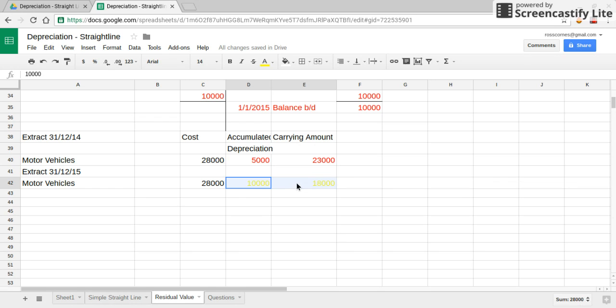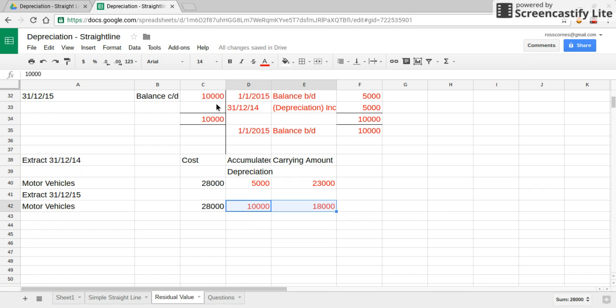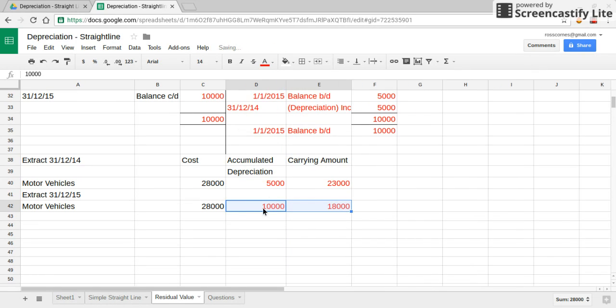And in year 2, we've now got $10,000 depreciation as a balance carried forward. So the total accumulated depreciation is going to be $10,000. 28,000 take away 10,000 is 18,000. So the value of our non-current asset of motor vehicle on the 31st of December 2015 is $18,000.